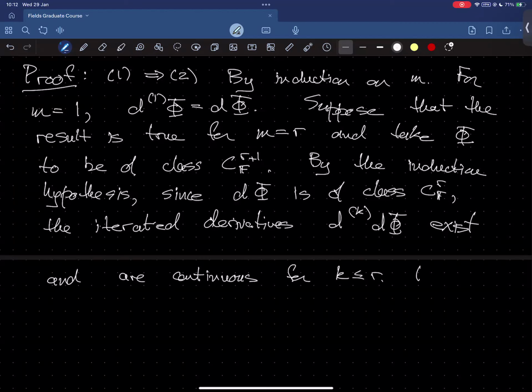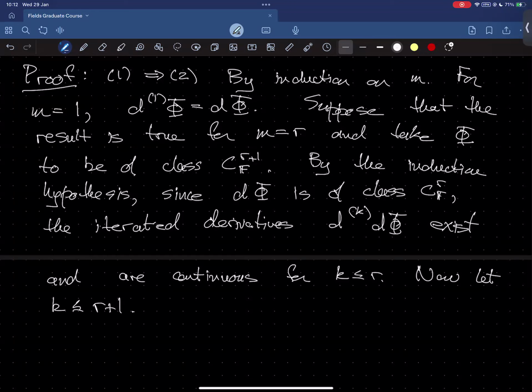So now let's let k be less than or equal to r plus 1. Then I'm going to show that the iterated derivative of order k makes sense.